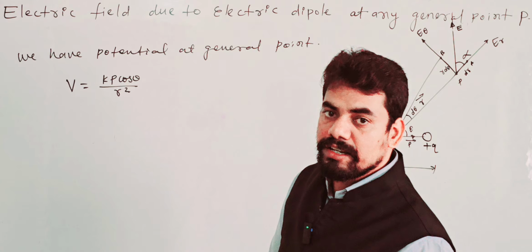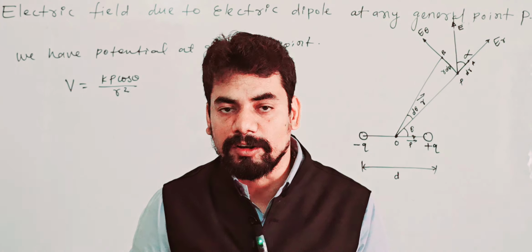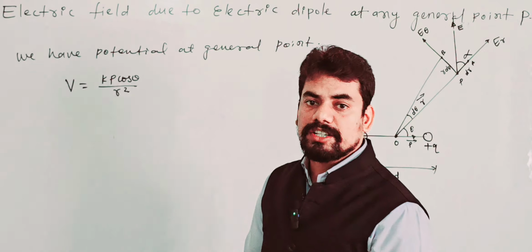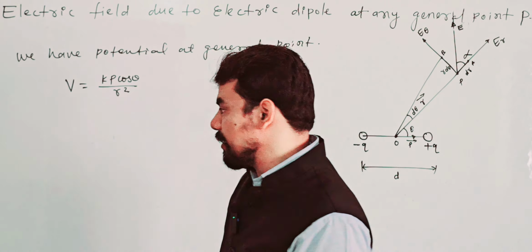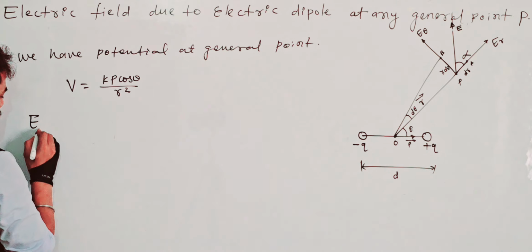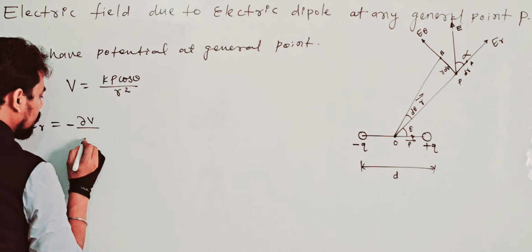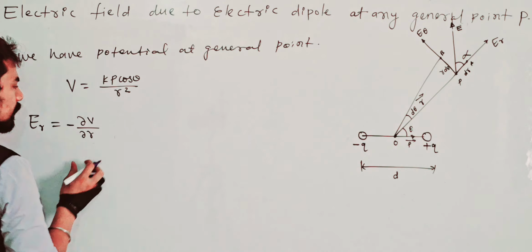So differentiation of V with respect to r, assuming theta is constant, is called partial differentiation of V with respect to r. We know E radial equals minus delta V by delta r.